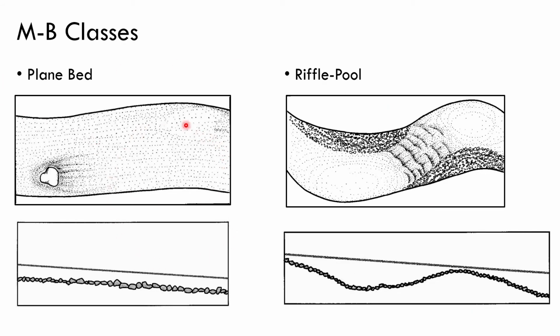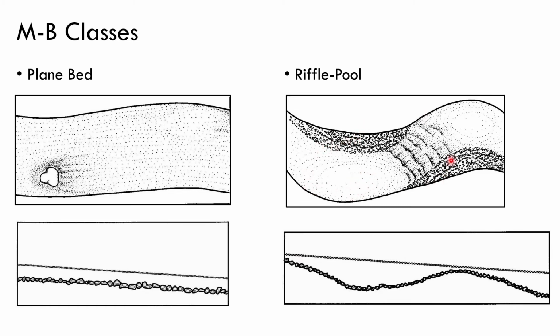Plane bedded streams, again, have a fairly uniform depth and fairly uniform cross-sectional dimensions. We generally see these in steeper areas, but you can consider plane bed like a big extended riffle. And then we get into riffle pool morphology, which we've talked about at length today.